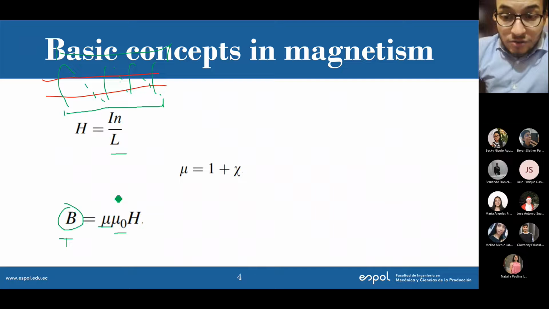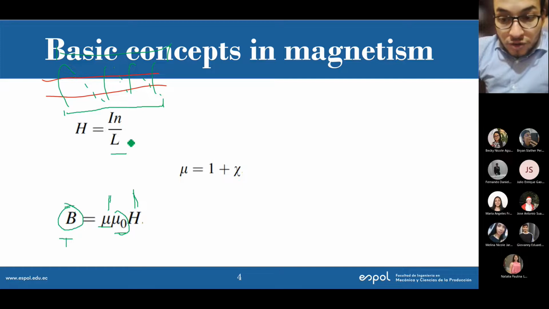And you can see there's a relationship between permeability, magnetic field strength, well, this is just again a constant, and that relates to the magnetic flux density. So the relationship between permeability and magnetic field strength gives the magnetic flux.